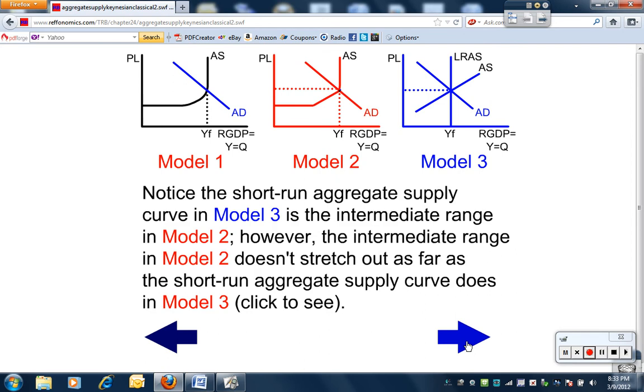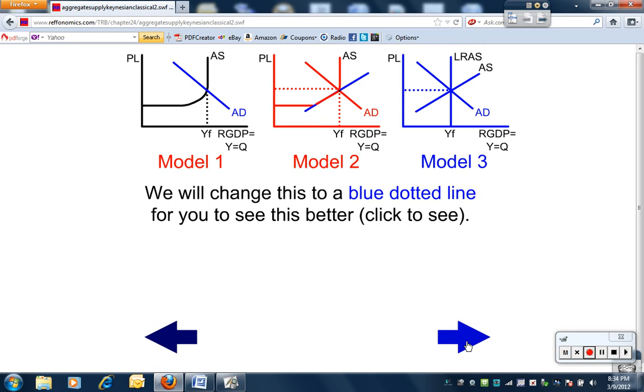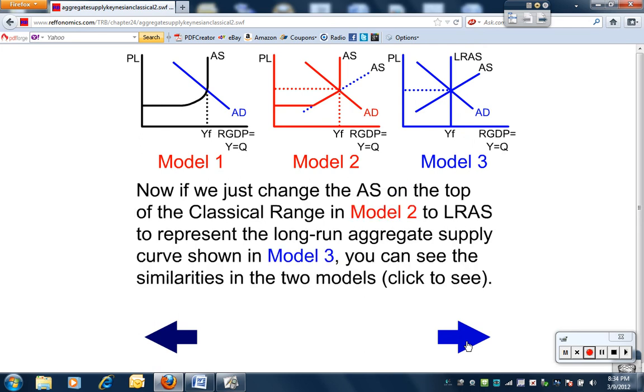Notice the short run aggregate supply curve in Model 3 is the intermediate range in Model 2. The intermediate range in Model 2, though, does not stretch out as far as the short run aggregate supply curve. You'll see this change to a blue dotted line so you can see a little better.